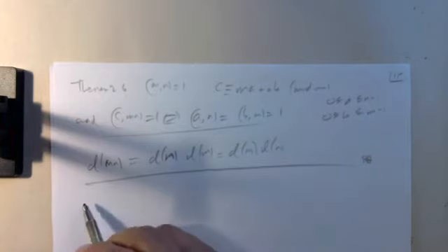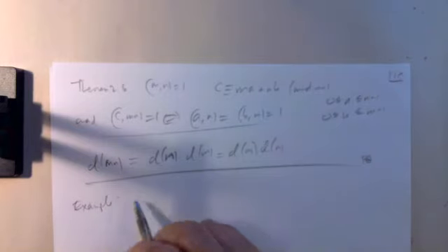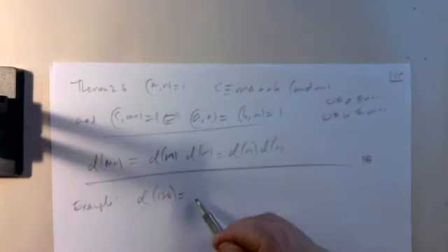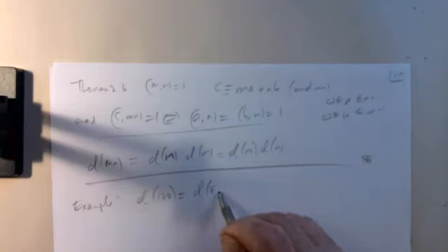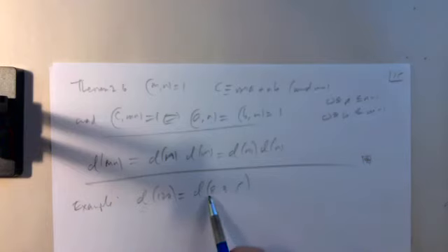So if you want to know, for example, what is phi of 120? 120 is 8 times 3 times 5, I believe. Let's see, 8 times 3 is 24, 24 times 5 is 120.